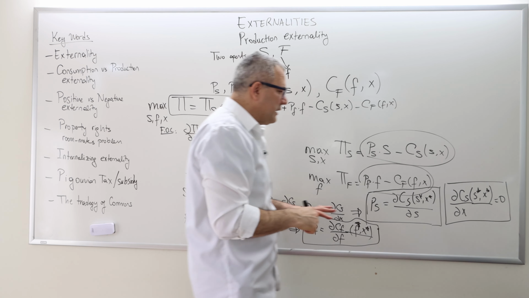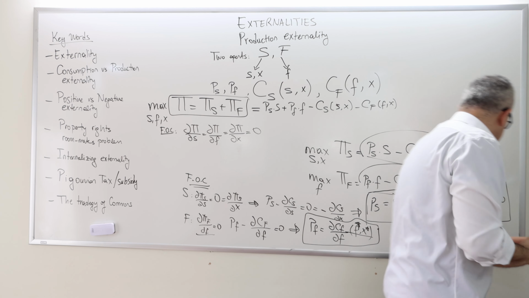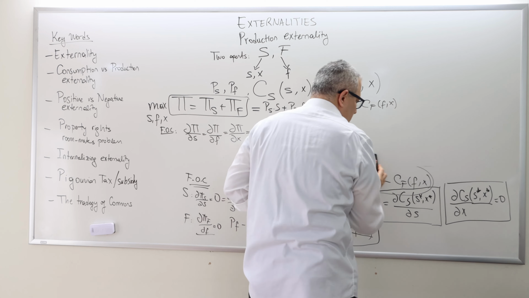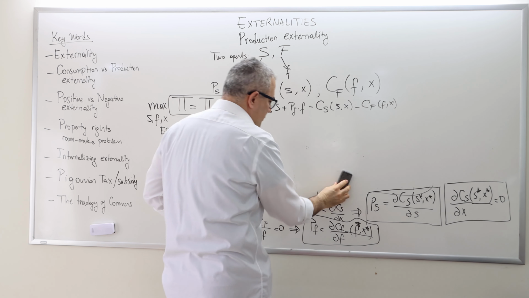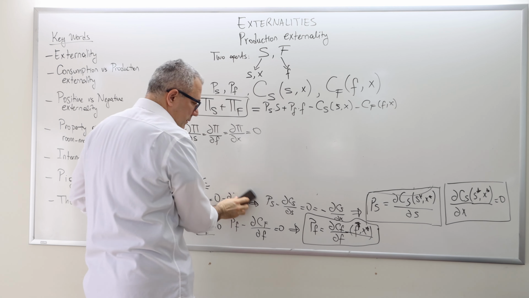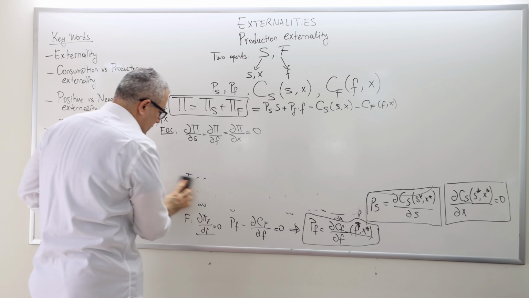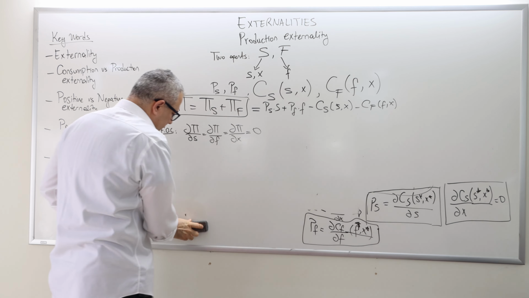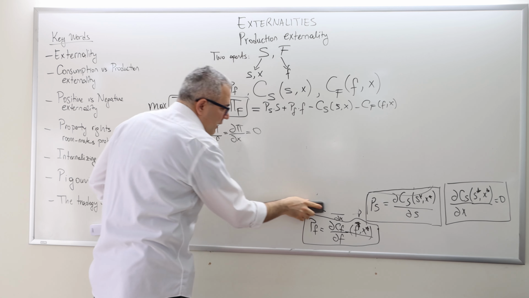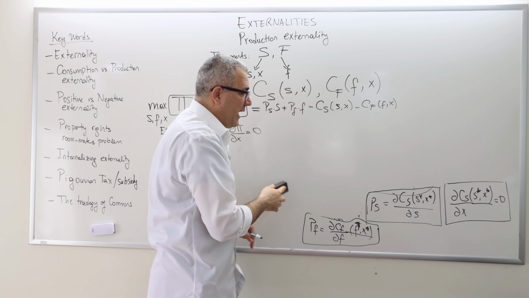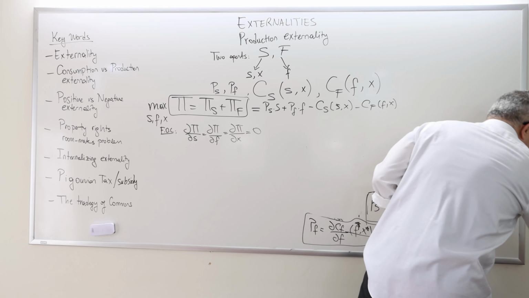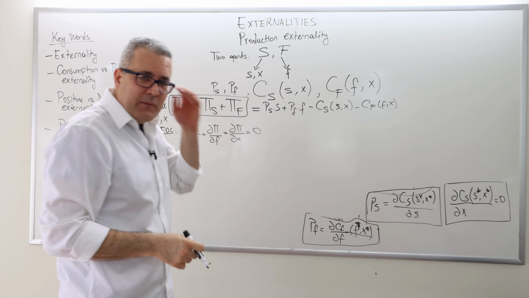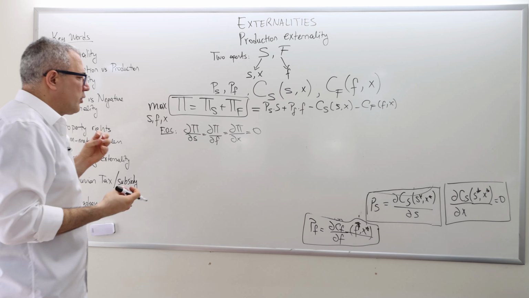So let me clean up a bit. I'll just leave those terms in parentheses because I'm going to make a comparison. All right. Don't forget that those parentheses are actually the optimization problem outcomes. So F star, X star, S star, which basically maximize the individual firm's profits.